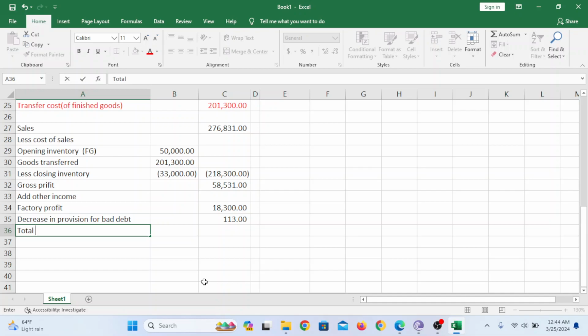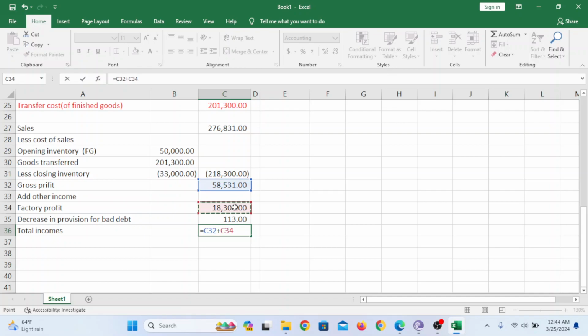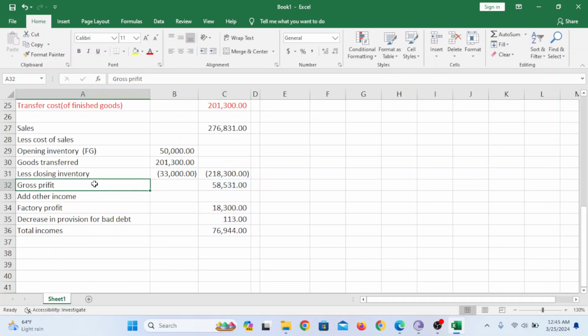So we add from gross profit. I've written wrongly, I'll correct that. Gross profit plus factory profit plus decrease in provision. So this is supposed to be profit. So total incomes, after getting the total incomes, that is 76,944.